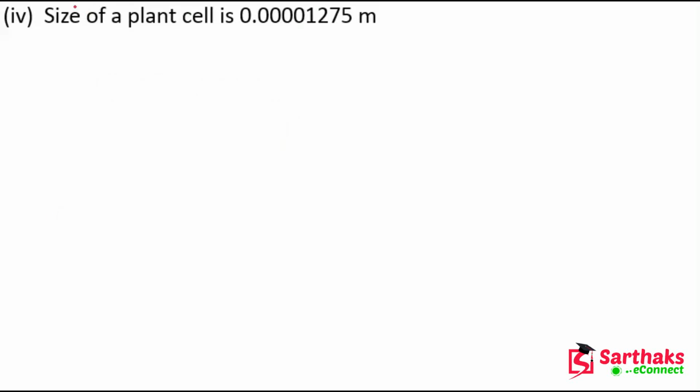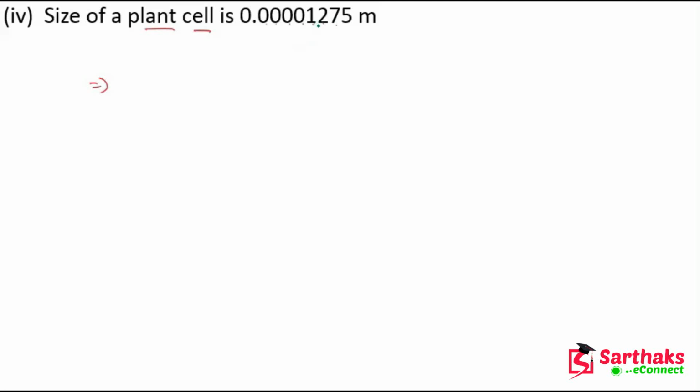Yes, now the next is size of a plant cell is 0.0000125 meter. Okay, got it? So here we can write it as, we have to shift this decimal between 1 and 2.